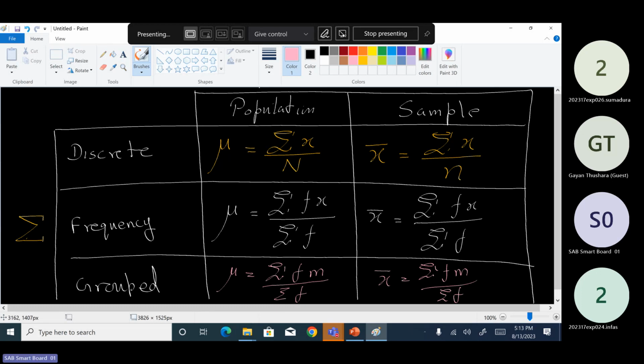So here m means class midpoint. I don't have space here, so I'll write this m over there. This m means class midpoint.